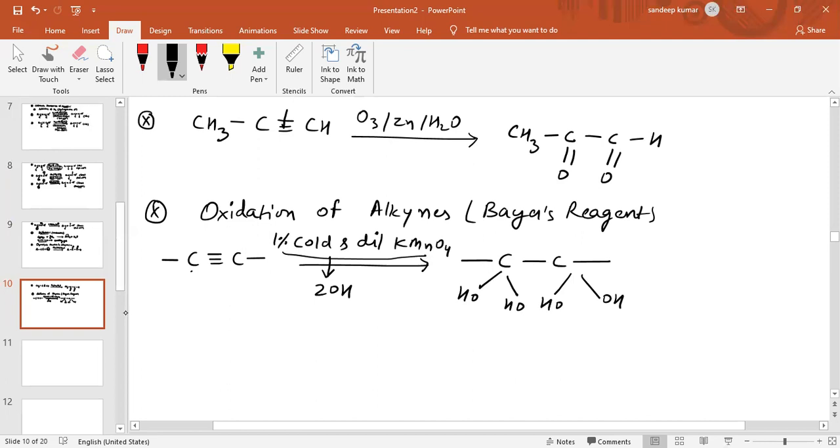Now see, as we know, two OH groups on one carbon atom at the same time is unstable. So what happens? Water will be removed in the form of H2O.